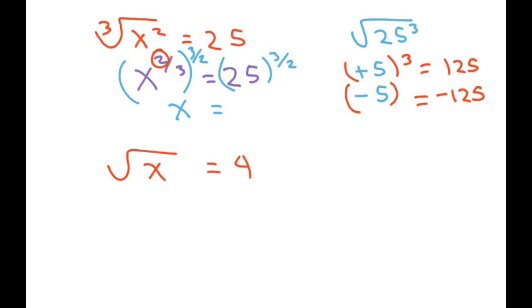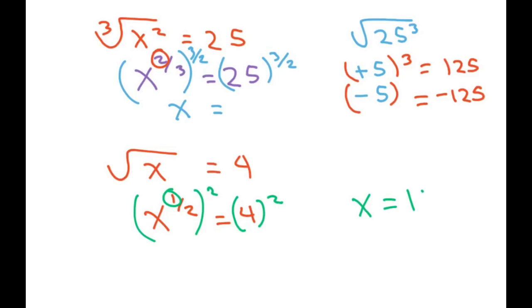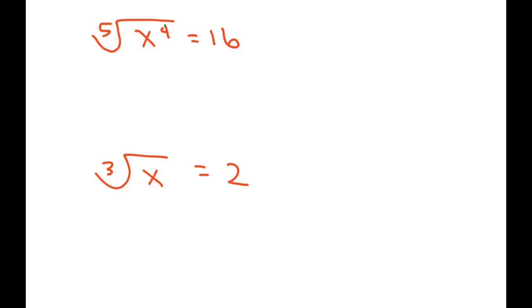Next, we're going to do this one. This is x to the 1/2 equals 4. Since my n is odd, there's only one solution. Now square both sides, and you're going to get x equals 16. Okay. This one, my n is going to be even, so I'm going to have two solutions. We're going to power it by its inverse.